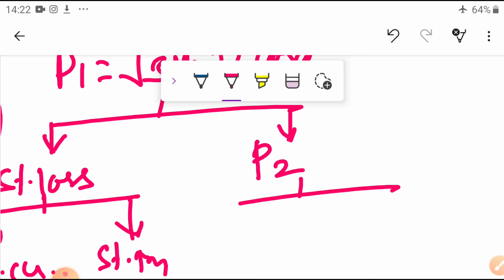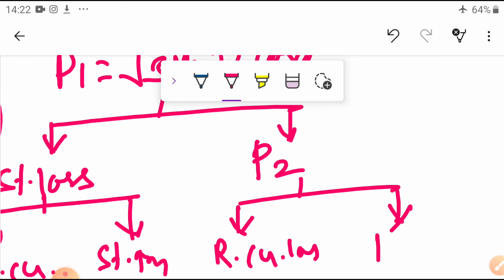Then P2 is further utilized for rotor copper losses; the rotor iron losses we are neglecting. The rest is called mechanical power developed in the rotor. Whatever the P2 is, that is the stator output and rotor input.